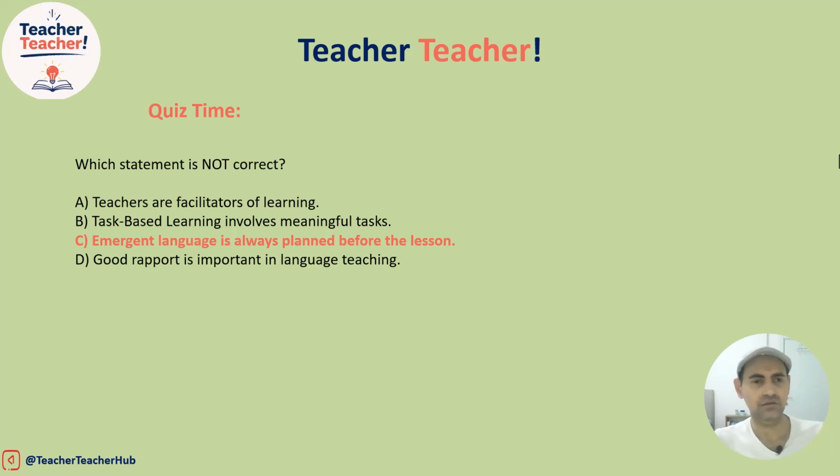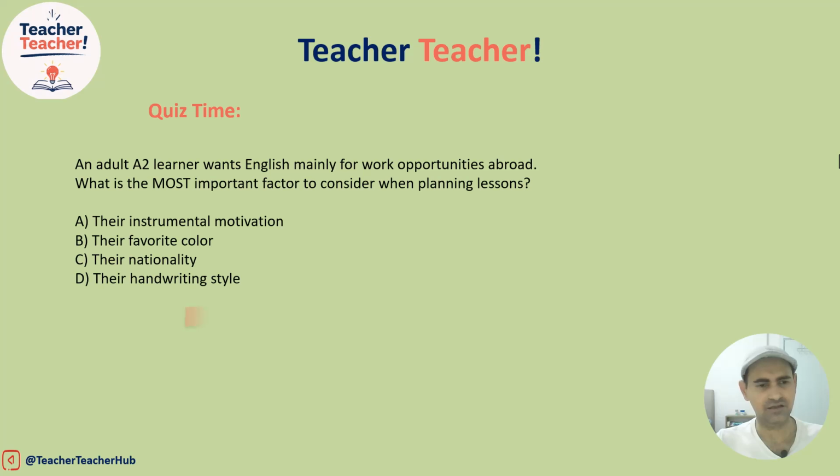You weren't supposed to, and didn't have any plans to, teach verb endings in this lesson. But since the student makes that mistake, you will correct it, probably not on the spot, but with a delayed correction. That is called emergent language. And let's take a look at the last question.